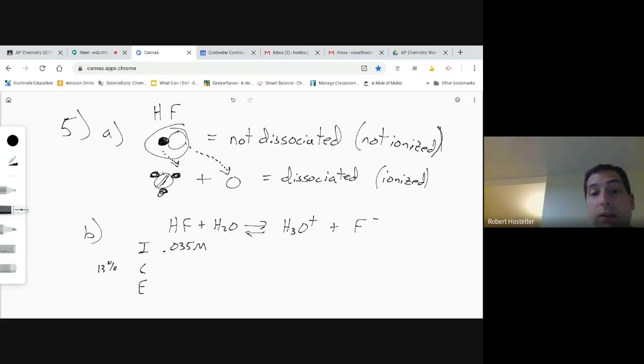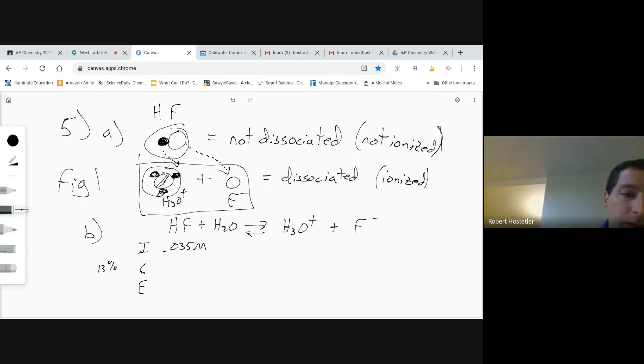It's not ionized, it's not dissociated. When it breaks apart, the hydrogen sticks to water, making H3O+. And then you've got the anion here. So these are the things you're looking for when it's dissociated. Well, figure 1 only has one like that, and in figure 2 they're all like that. So we want to say figure 1 because figure 2 is completely dissociated.